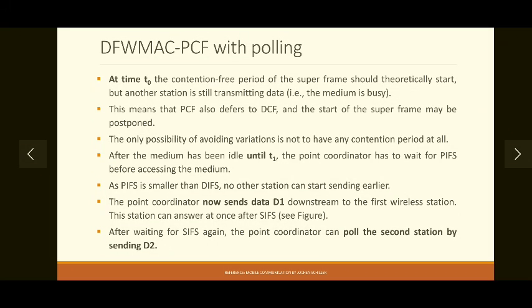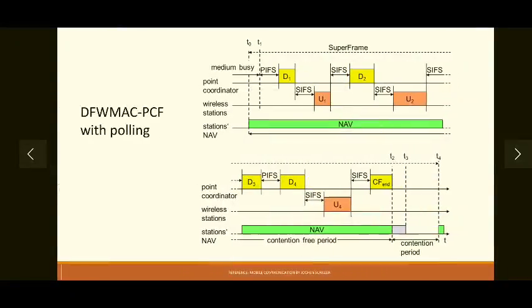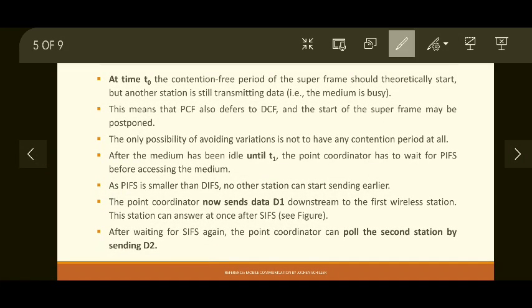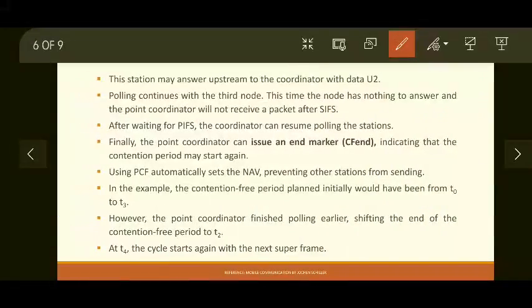So all that I have discussed is mentioned in these statements. At time T0 what happens, at T1 what happens, how users are responding, how they are polled, everything is mentioned in these statements.